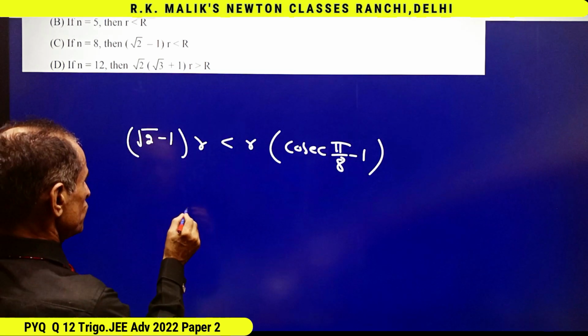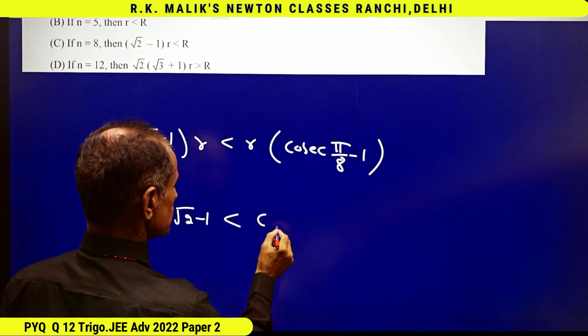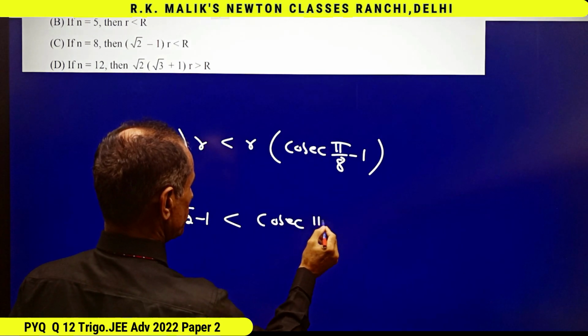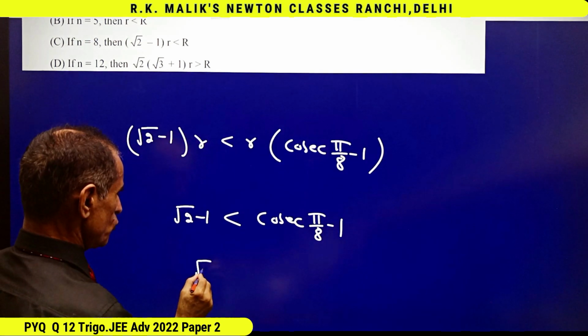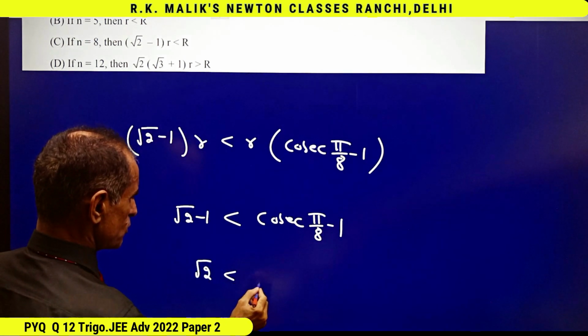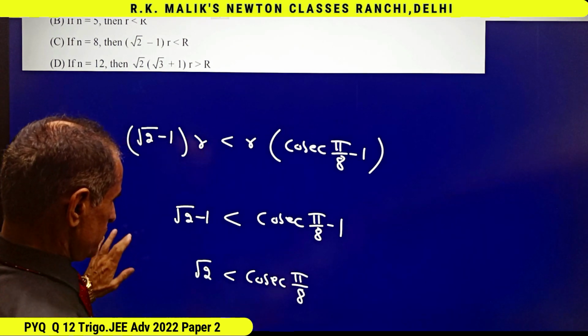This will be true if root 2 minus 1 is less than cosec pi by 8 minus 1. That is, if root 2 is less than cosec pi by 8.